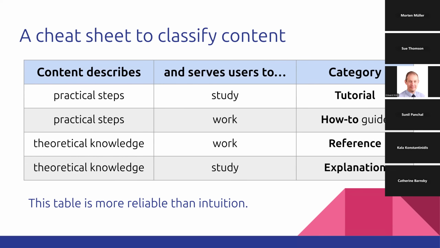So there might be a little bit of misalignment in people's understanding of the thin line between a tutorial and a how-to guide. So to address exactly that, we should not rely on our intuition to classify, but rather we should use this cheat sheet and have a formal process of answering the first 2 questions and drawing a conclusion out of that about which category it is. And sometimes even for myself, I find that my intuition tells me a different story when I'm comparing the results of this cheat sheet with my own intuition.